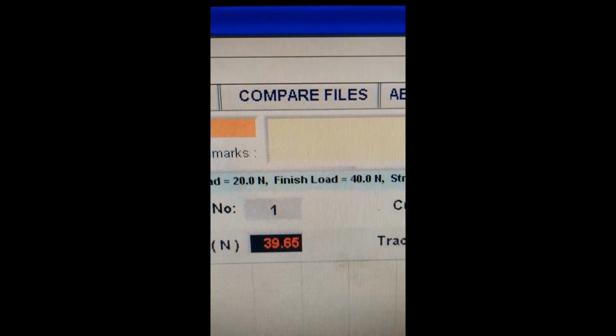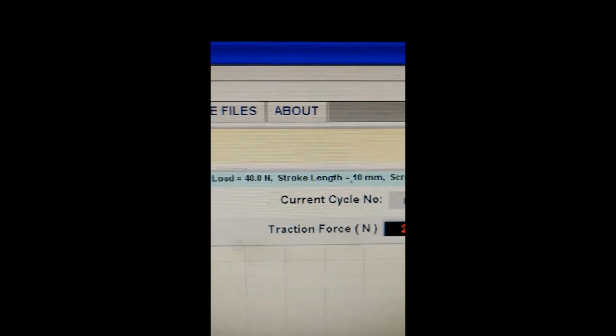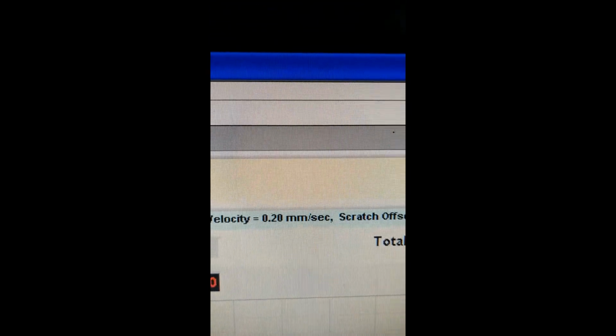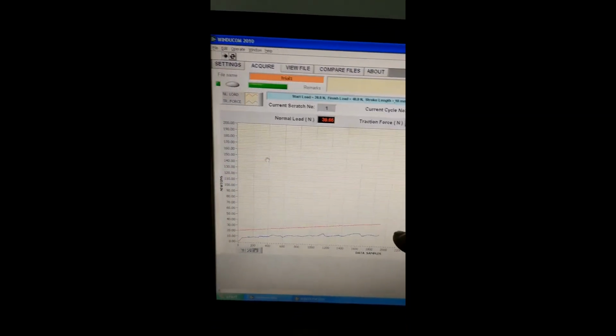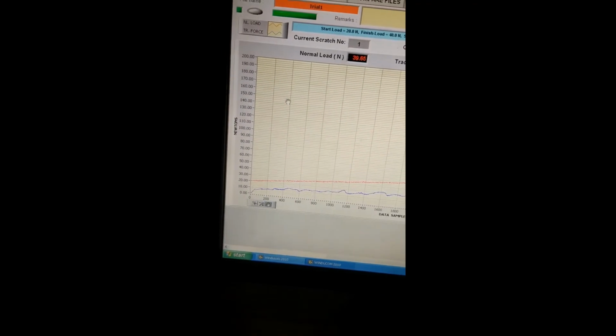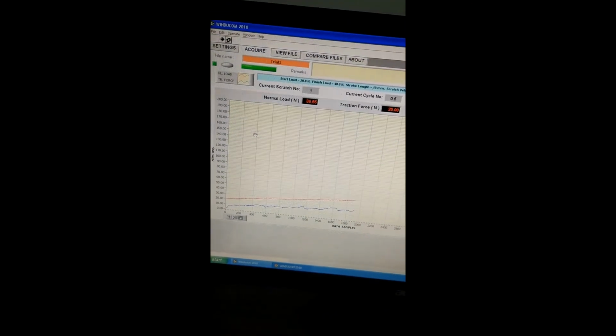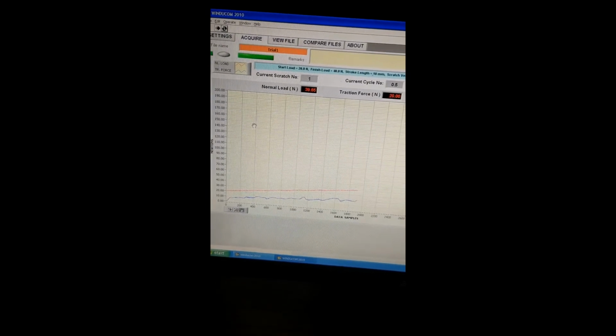It is more like the phenomenon of dry friction, where the formula F equals mu R applies. Similar to that, here the tractional force F is equal to the coefficient of traction times the normal load.